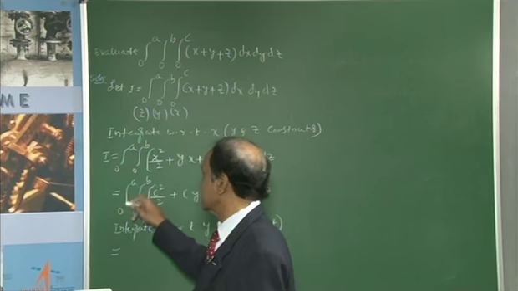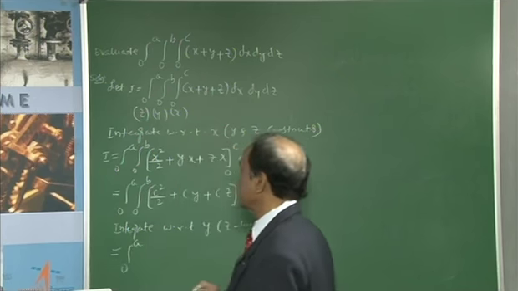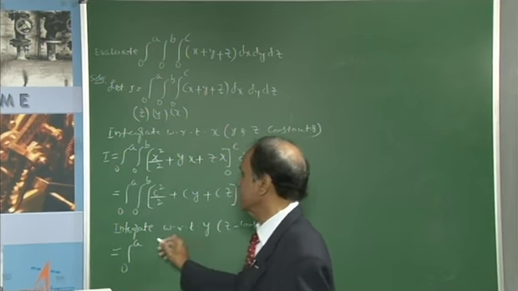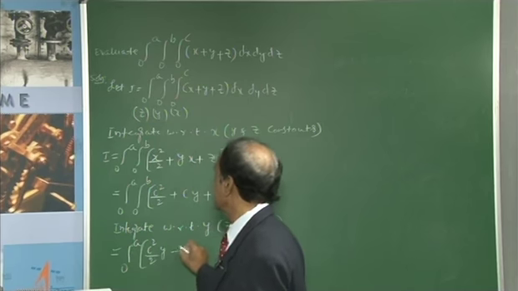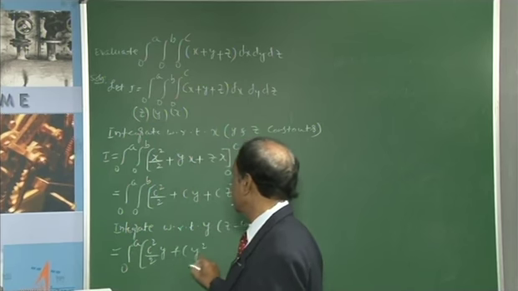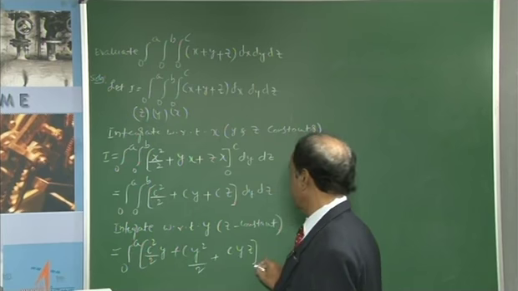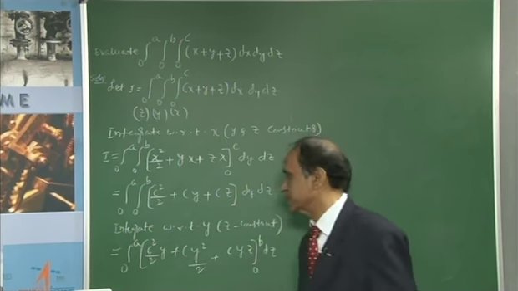Then this is 0 to a, 0 to a, then you will integrate with respect to y, keeping z as constant, which should be c square by 2 y plus c into y square by 2 plus c into y into z, between the limits 0 to b, and dz.